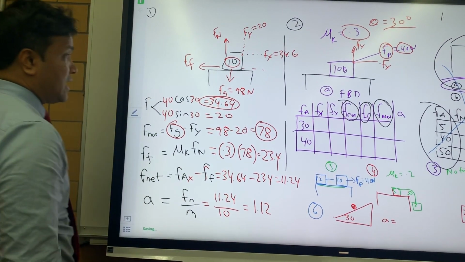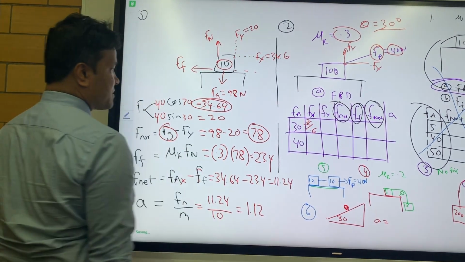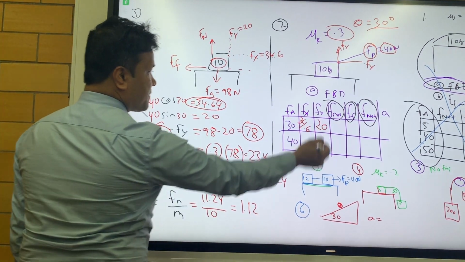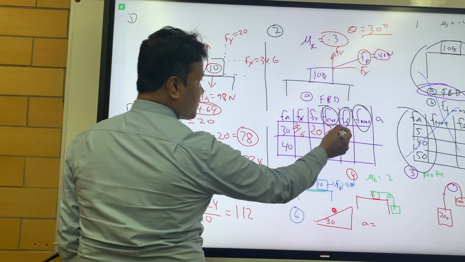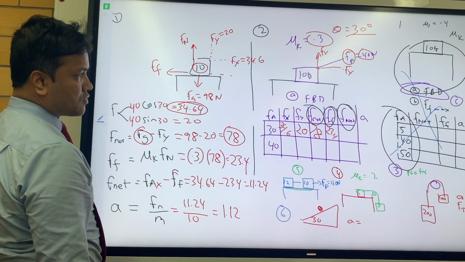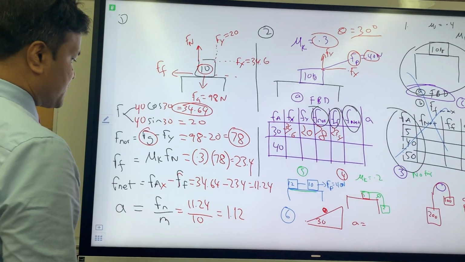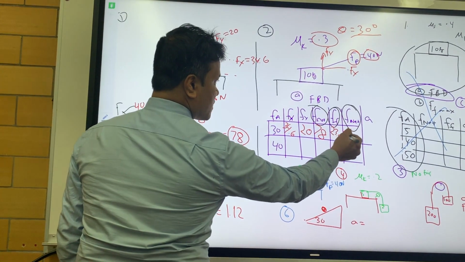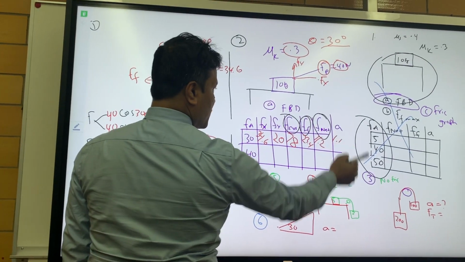Okay, now I'm going to write everything I have: 34.6, one decimal place is fine, 20, 78, 23.4, F net is 11.24, and acceleration is 1.12.